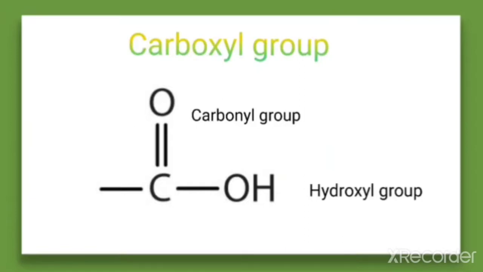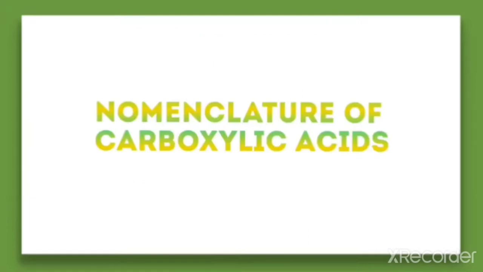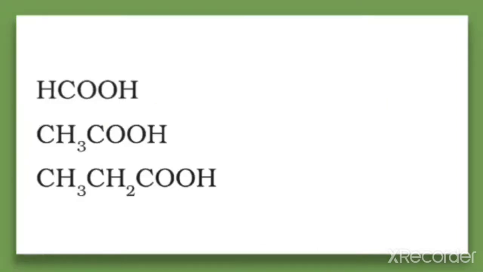So in this video we are going to discuss the nomenclature of carboxylic acid. Better we start with the simplest example of carboxylic acid, that is one carbon carboxylic acid, HCOOH, then a 2 carbon carboxylic acid and a 3 carbon carboxylic acid.